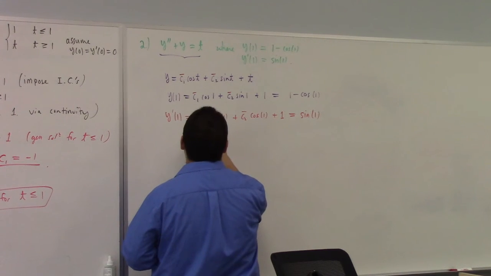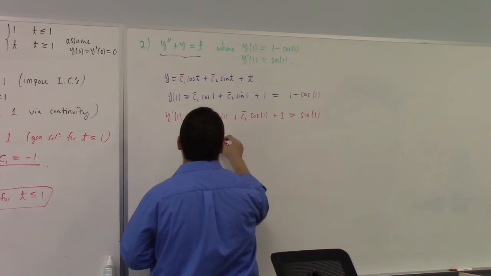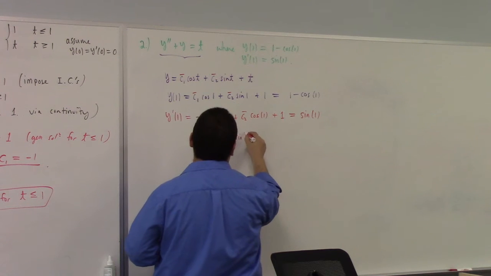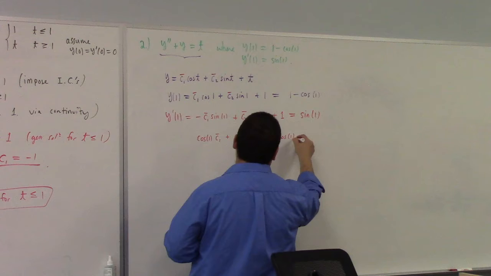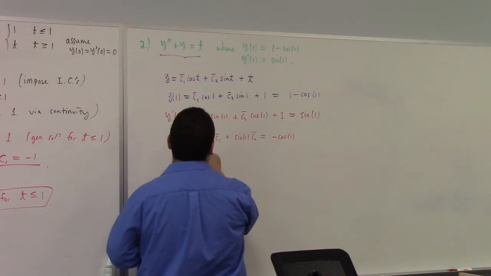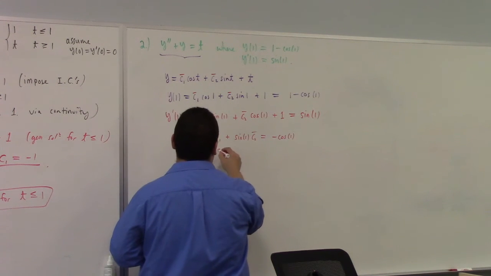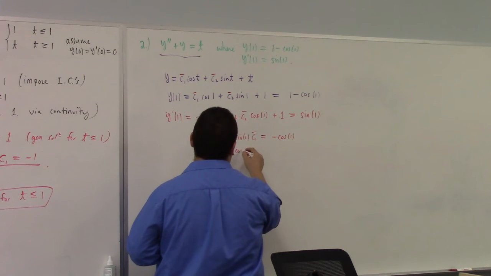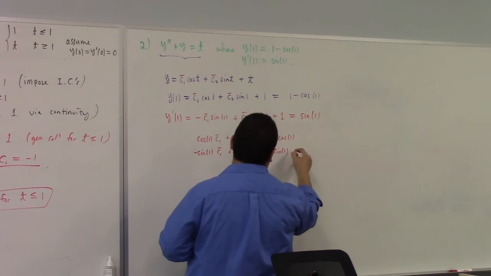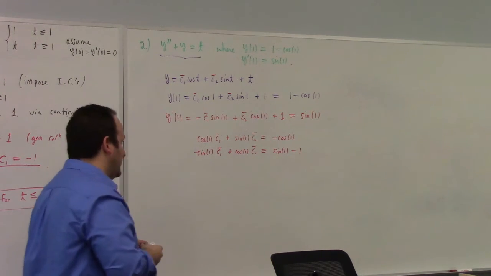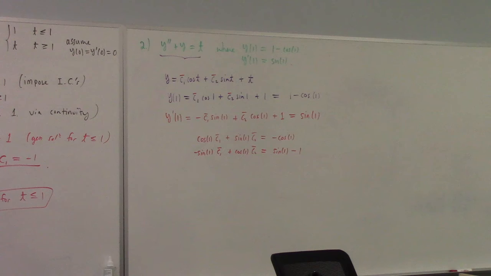So that gives me cosine of 1 times c1 bar plus the sine of 1 times c2 bar is equal to minus the cosine of 1. And minus the sine of 1 times c1 bar plus the cosine of 1 times c2 bar is equal to sine of 1 minus 1. Two equations, two unknowns. Got to solve them. Right? Can you solve them?